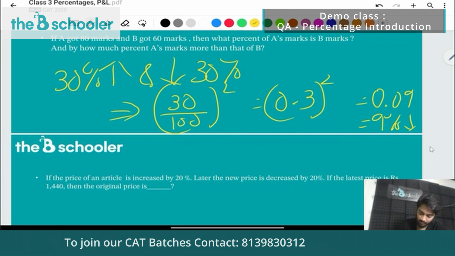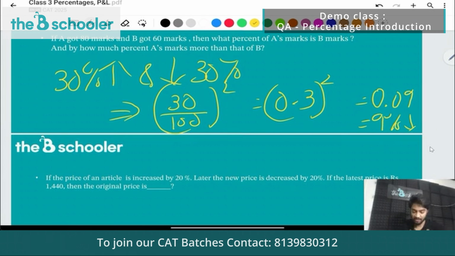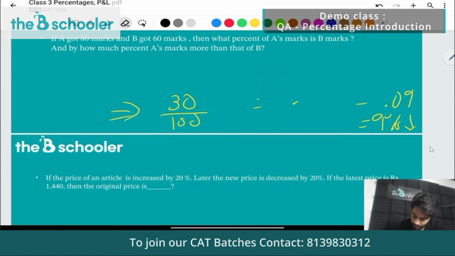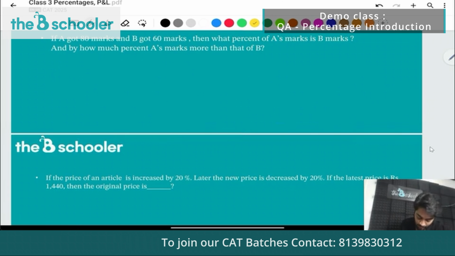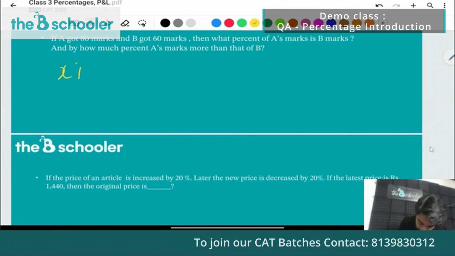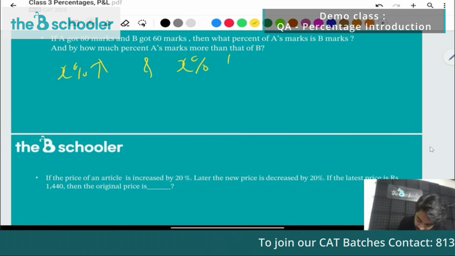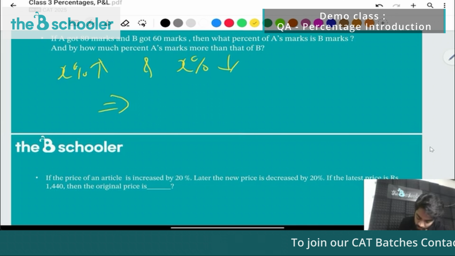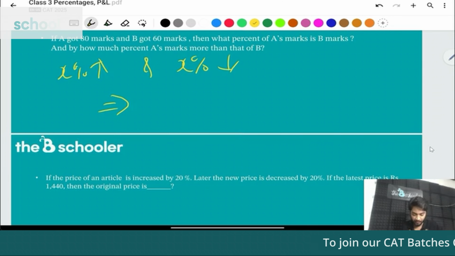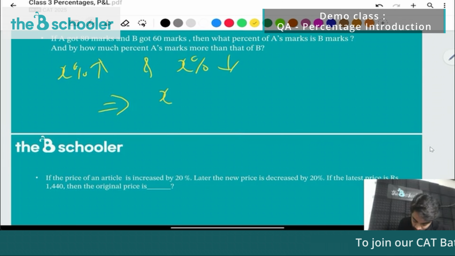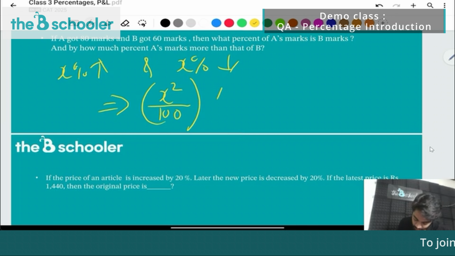Okay, 9 percentage drop. So if I generalize, X percentage increase and X percentage decrease is going to be X squared by 100 percentage.